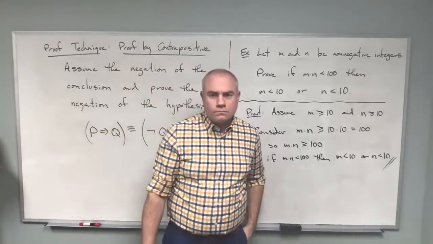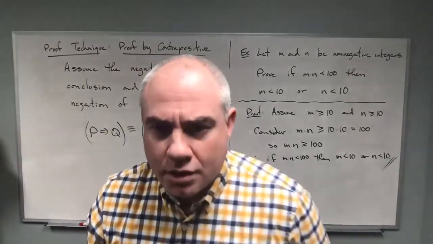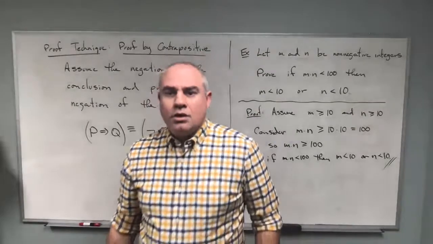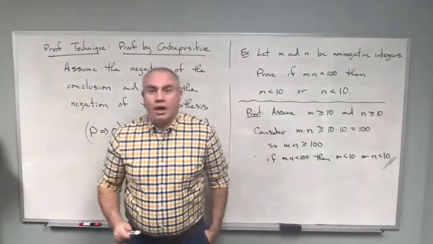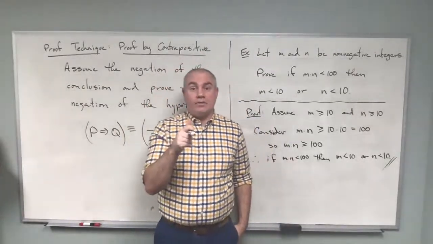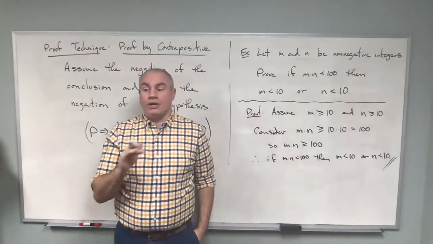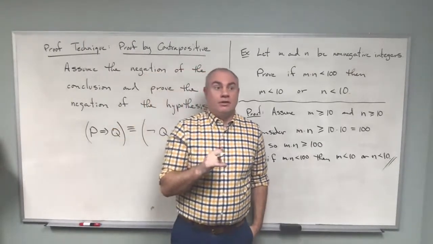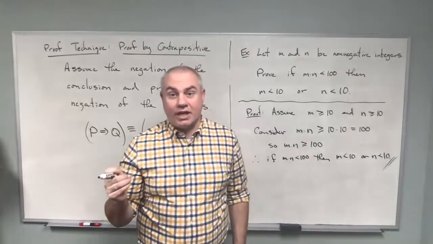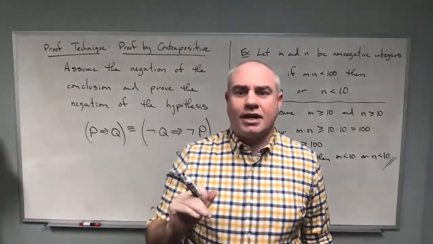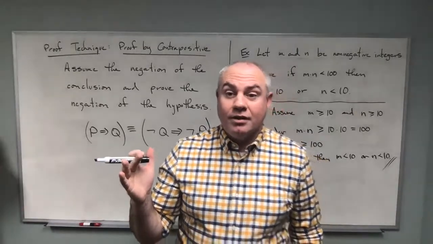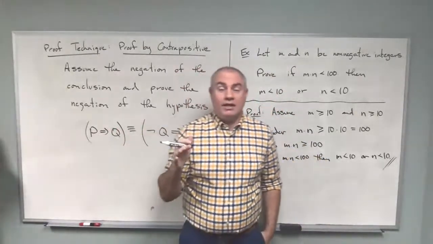Okay. Other than that, if in doubt, justify. If you're not sure whether or not you need a justification, ask yourself, do I have a justification? Sometimes it's just basic algebra of equality.